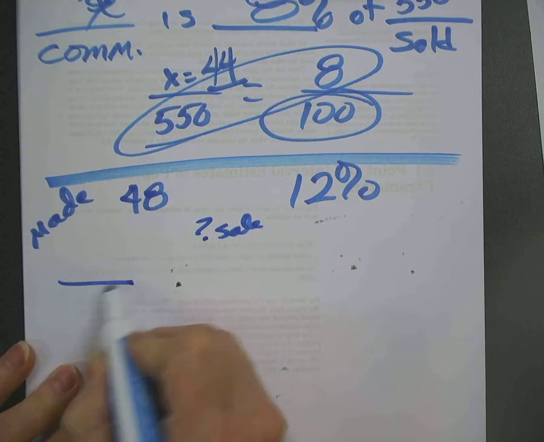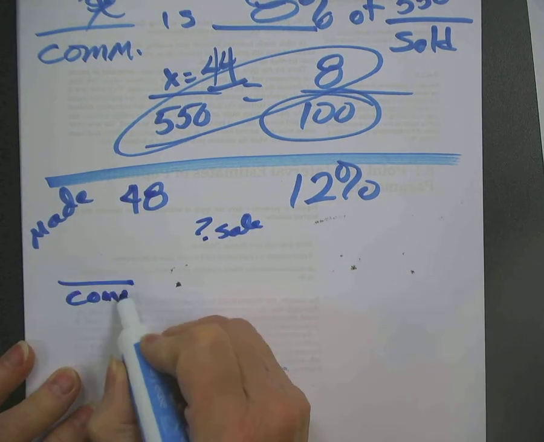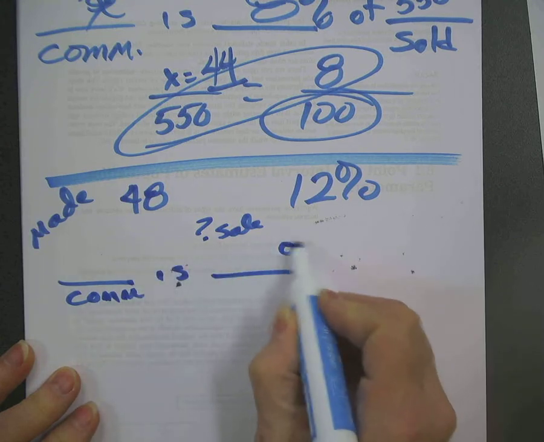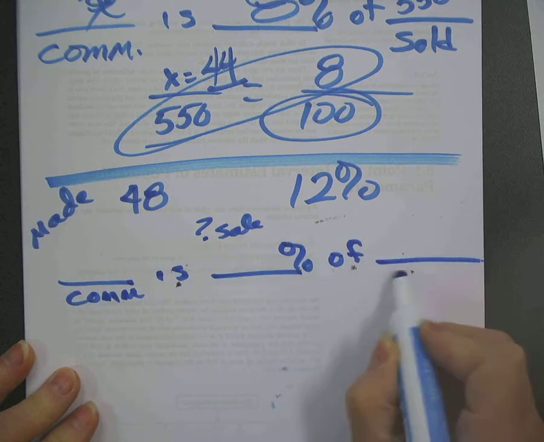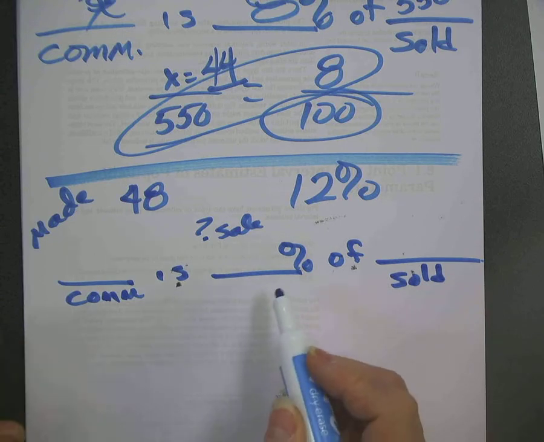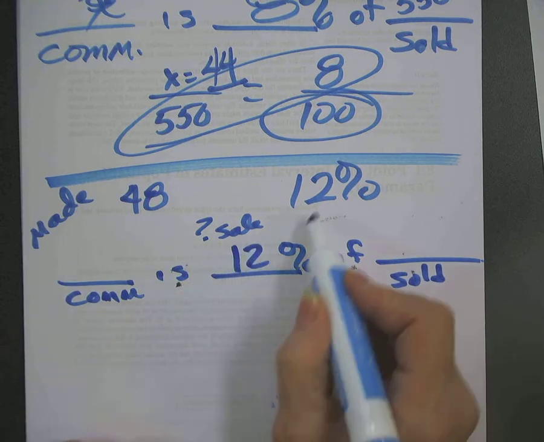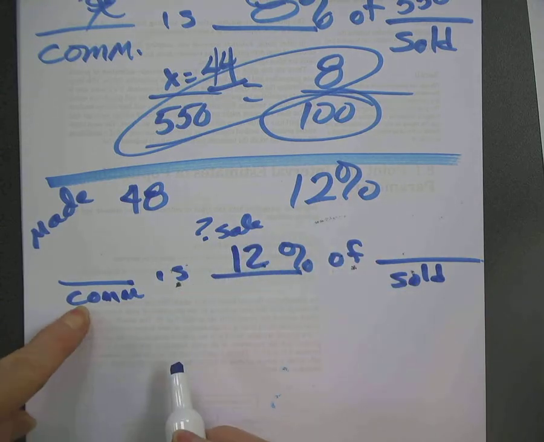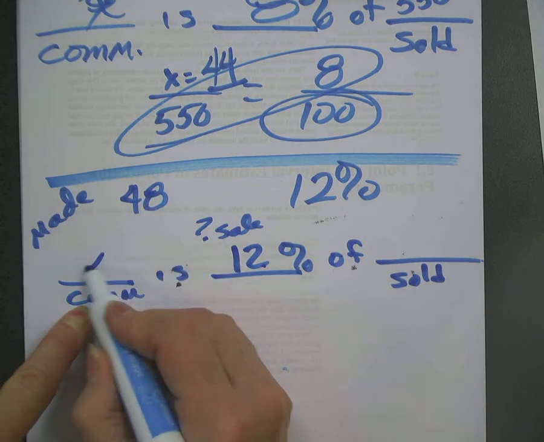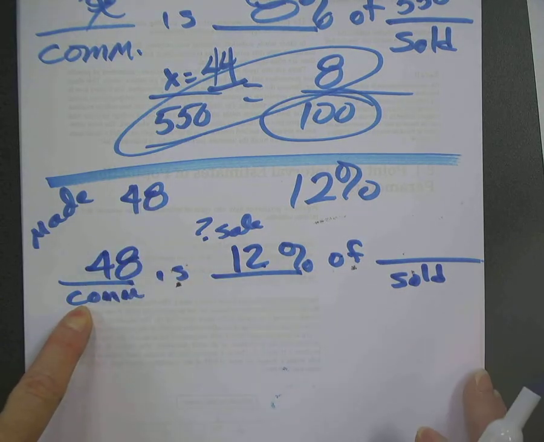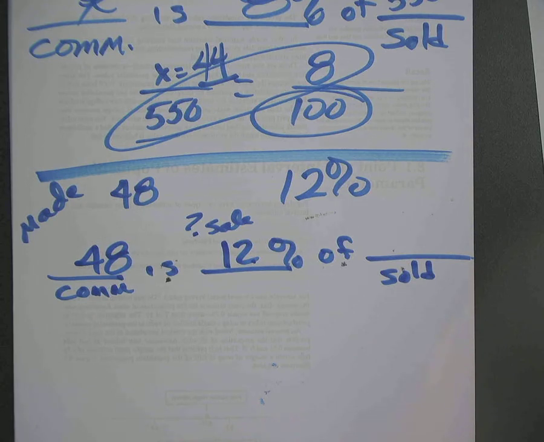Okay, we know that his commission is a percentage of what he sold. So his commission was 12%. What he made, his commission, was 48. So what was this big sale that he made?